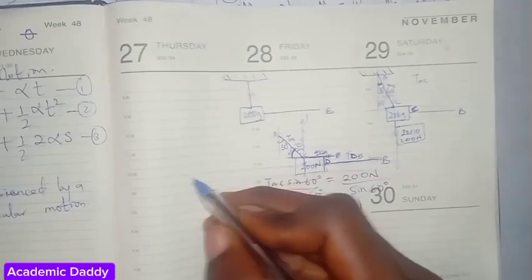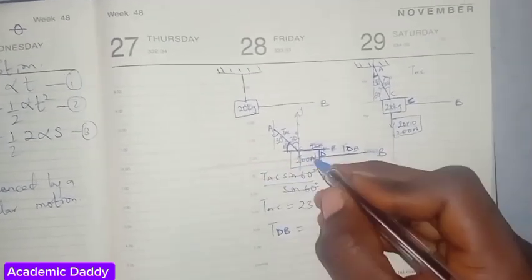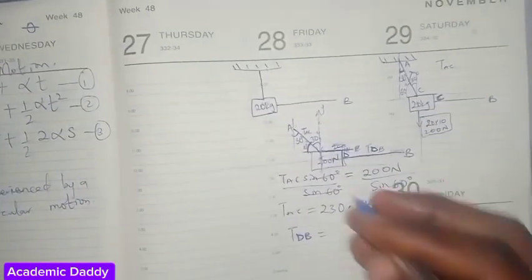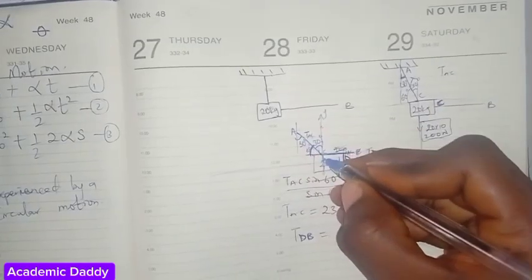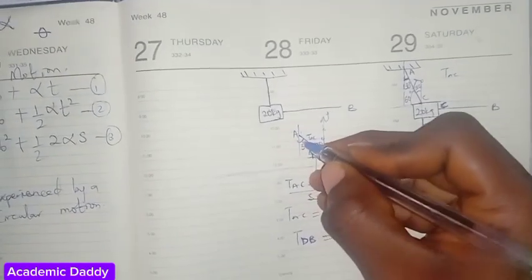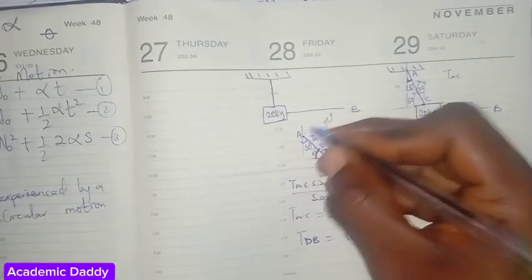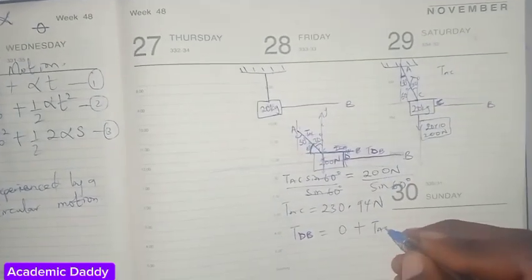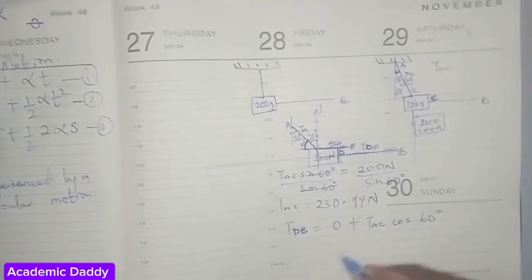The force acting in this direction will be equal to the force acting in the opposite direction. So I'll have 0 plus this particular one, which is resolving this TAC to the x axis. Since I did sine for y, resolving to this will be TAC cos 60 degrees.